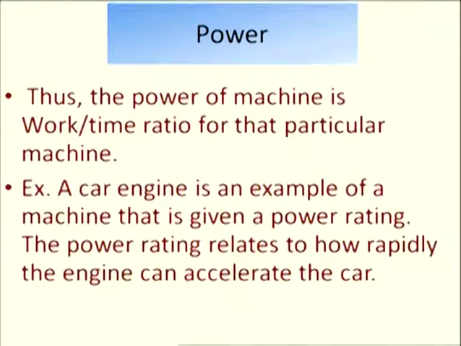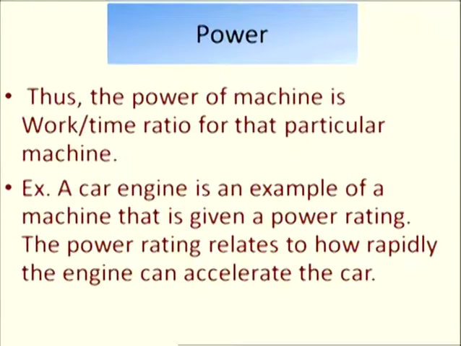One excellent example from day-to-day life is a car engine, an example of a machine that gives a power rating. The power rating relates to how rapidly the engine can accelerate the car.